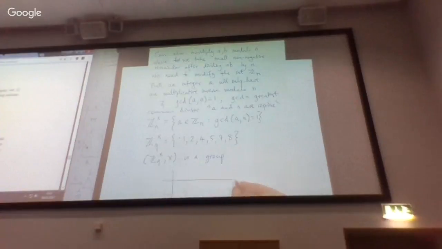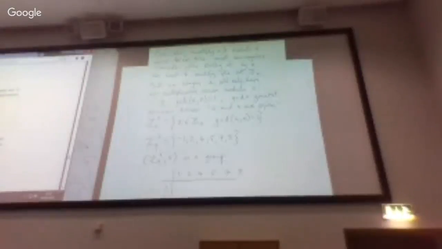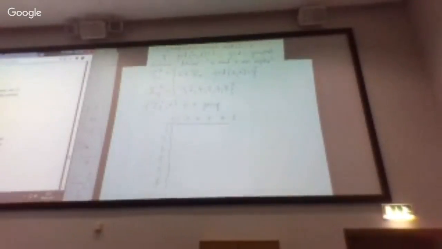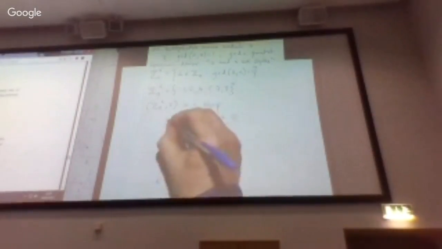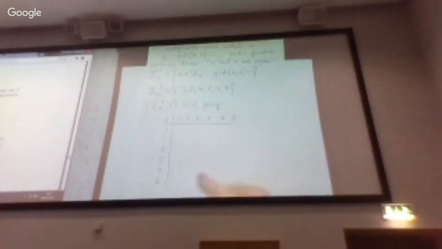So again, we can construct its Cayley table. Now this might be slightly harder because we're multiplying, so the numbers are going to get larger. But the entries in all these positions will be one of the numbers 1, 2, 4, 5, 7, 8.